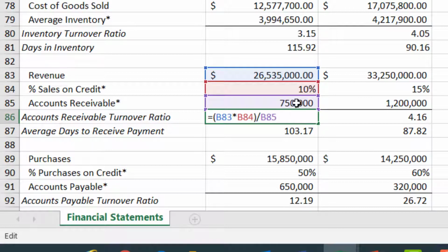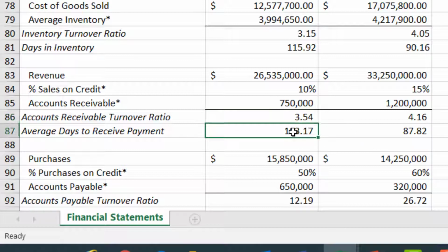And then I divide that by my accounts receivable and I get a number of 3.54. That means I turned over my accounts receivables 3.5 times during that year. That's 3.5 turns. I convert that to days by doing 365 divided by the accounts receivable turnover ratio, and I get 103, meaning it took 103 days on average for my customers to pay me.